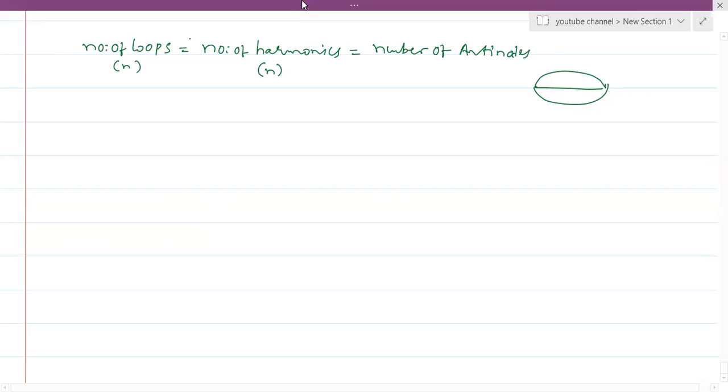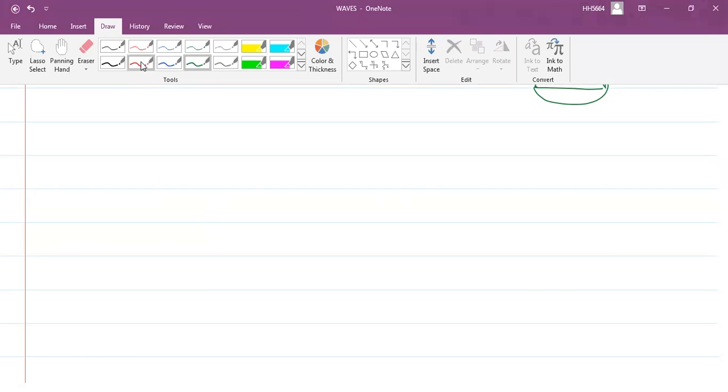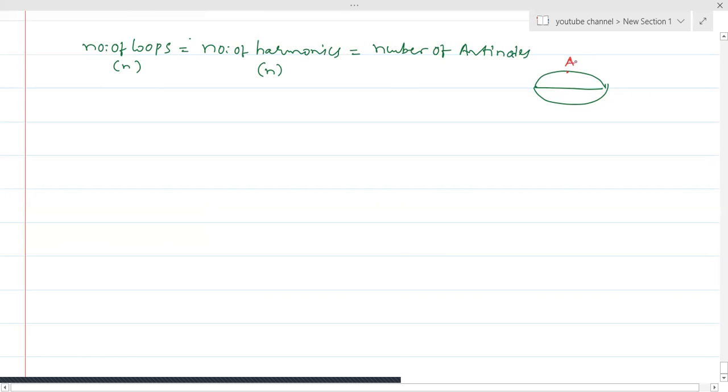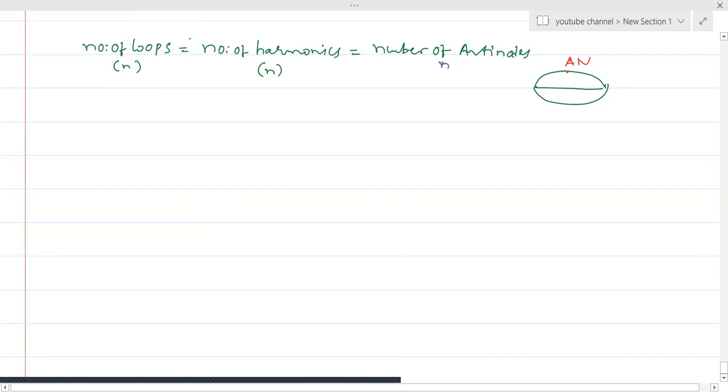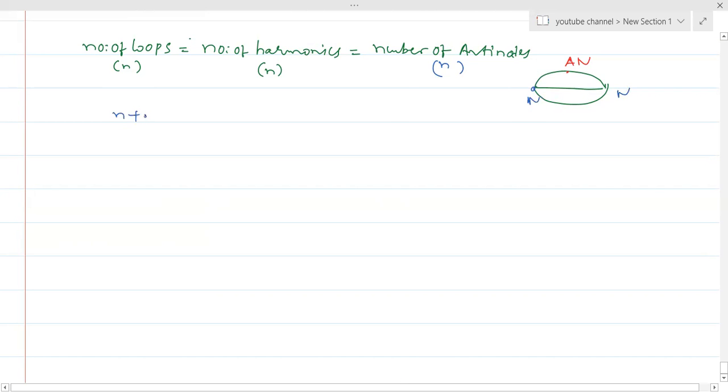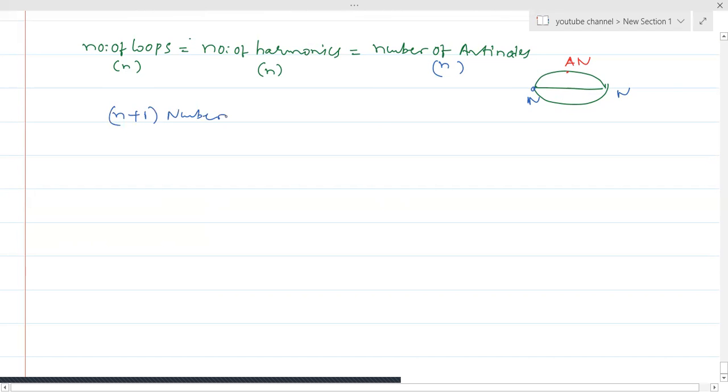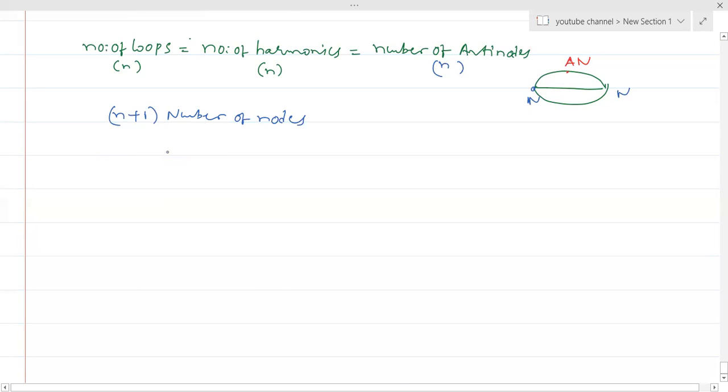In one loop we have one antinode, so we have n antinodes. If we have n loops, automatically we have n plus 1 nodes.